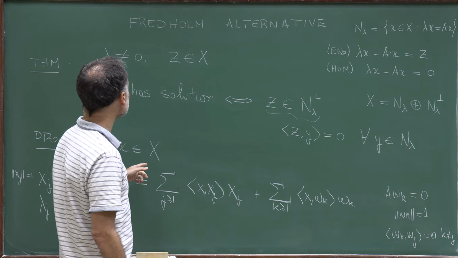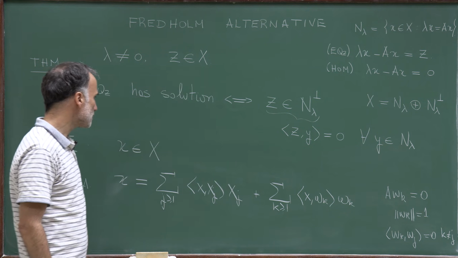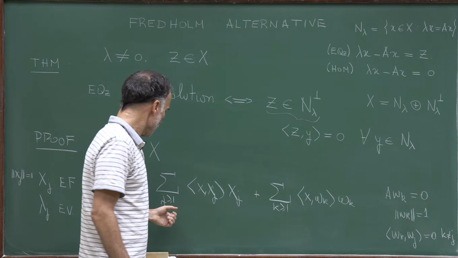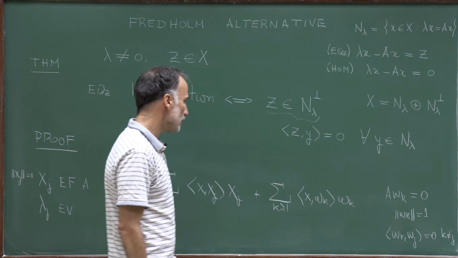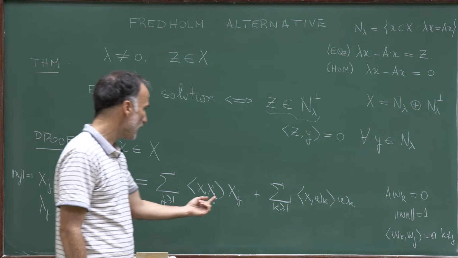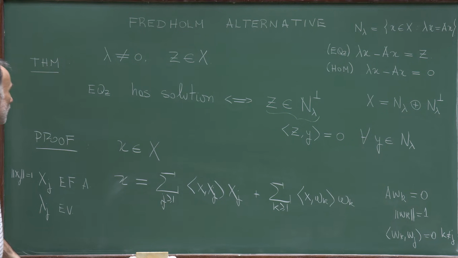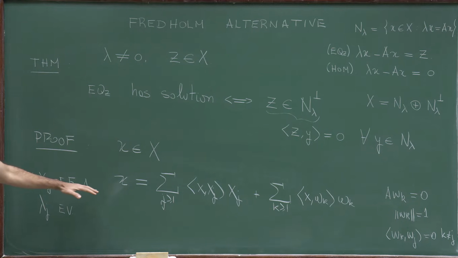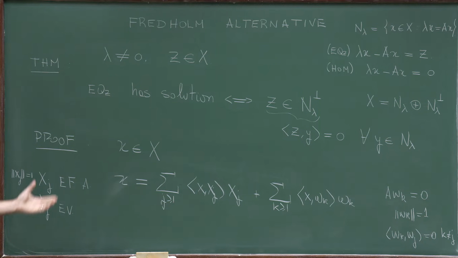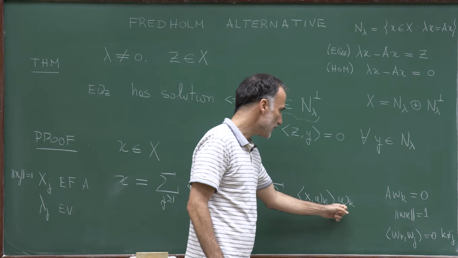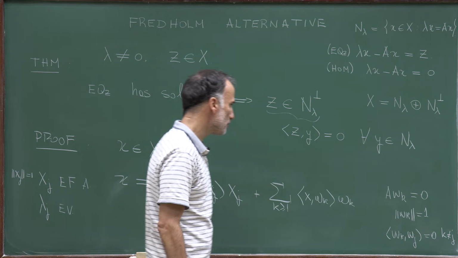These sums can be finite or can be infinite. And of course, since I'm always assuming that the Hilbert space X is different from the point 0, one of these sums is non-zero. So there is at least one element, one xj or one wk. The proof of this theorem will be based on this fact, which we proved in the previous lecture. So let me repeat. We have an orthonormal basis made of xj's and wk's. Here are the properties of the wk's.